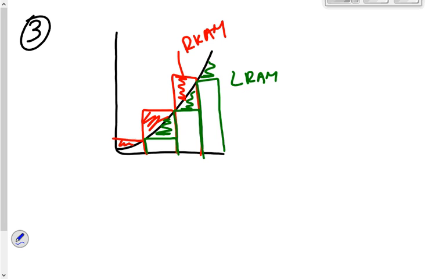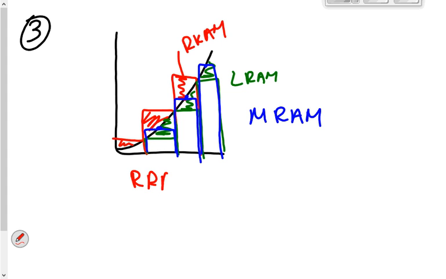And then remember that MRAM means I choose the height of my rectangle as what's in the middle of the interval. So if I'm going to rank these, which one's going to be biggest? RRAM.